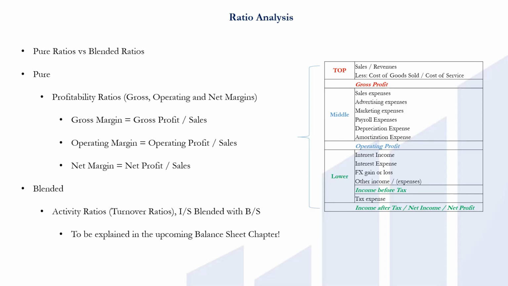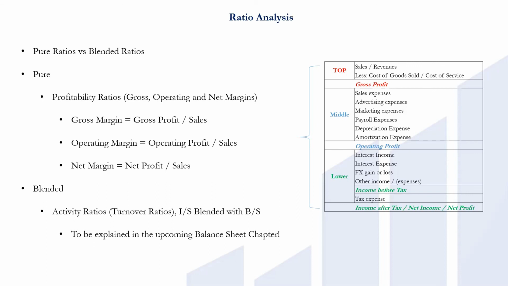The top ratio is what we call the gross margin. So the terminology is kind of the same: gross profit, gross margin. Gross profit shows you how much profit you have made in dollars, and gross margin shows you how much profit you have made in percentage out of your total sales. So your denominator in this case for all the profitability ratios will be sales. It will be gross profit over sales, how much in percent you have made from the top line of your income statement.